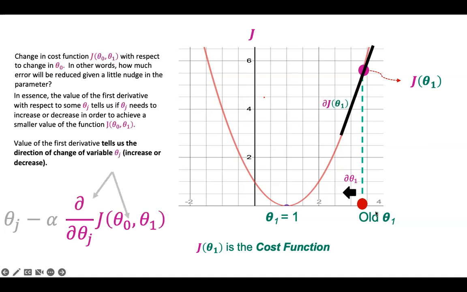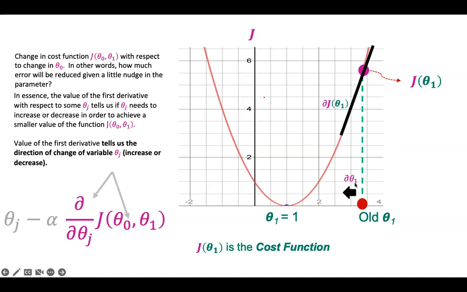And then there is the change in the cost function j with respect to the change in theta, given the change in the theta that we did earlier. So we changed the theta, which means there will also be a change in the cost function j given theta 1. In other words, how much error will be reduced given a little nudge in the parameter theta 1.